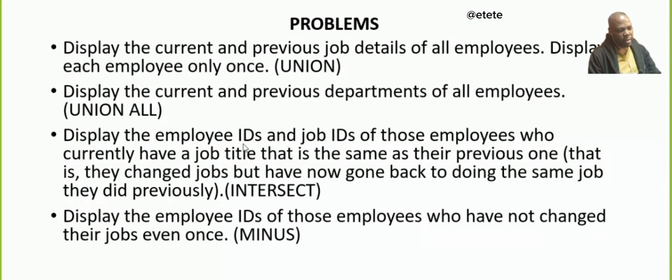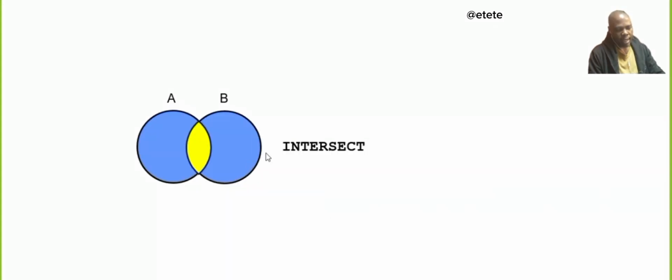This one displays the employee ID and job ID of those employees who currently have a job title that is the same as their previous one. That is, they changed job but have now gone back to doing the same job they did previously. That is what this intersect is for.